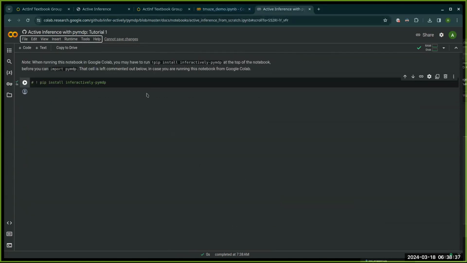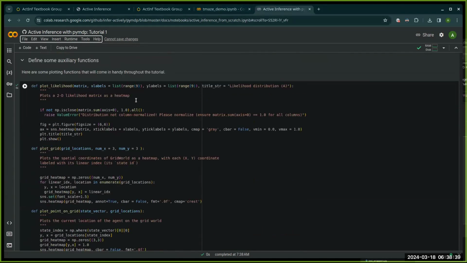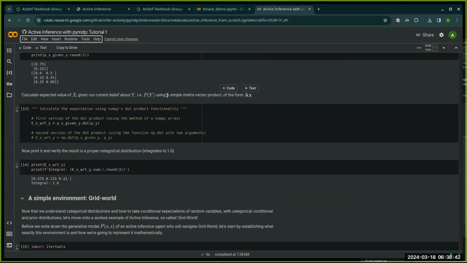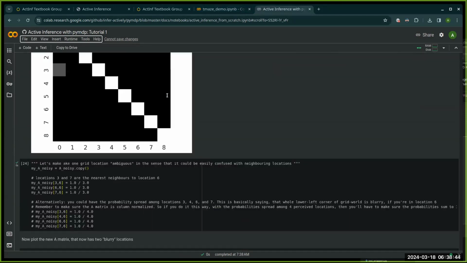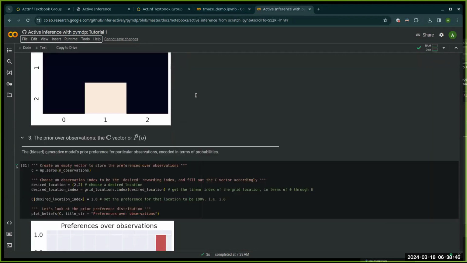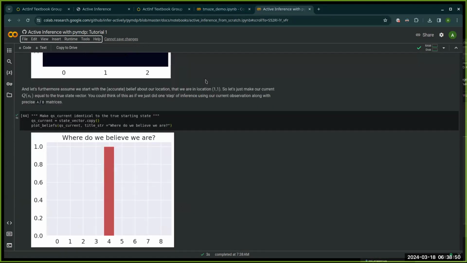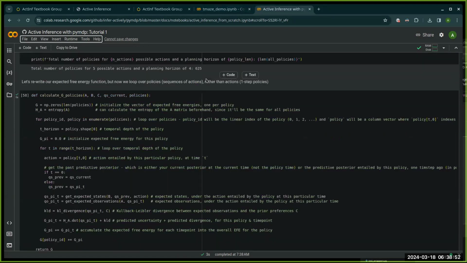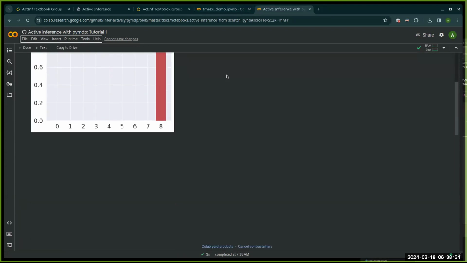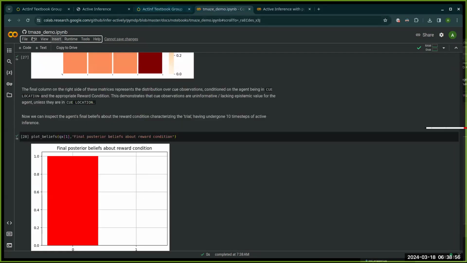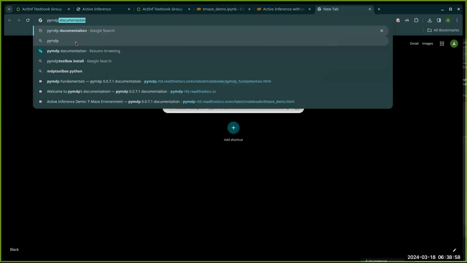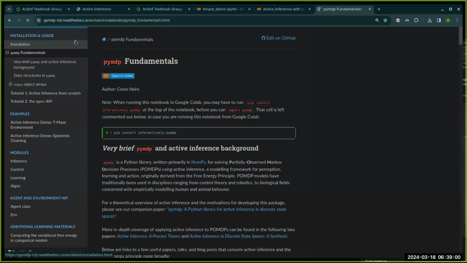PyMDP is great for that too, if you want to use Python, or at least use it as a learning tool, because of all of these examples. There's the T-Maze one that Daniel's scrolling through. There's another one that sets up a two-armed bandit model, which is an agent who picks from one of two, conceptually, slot machines.